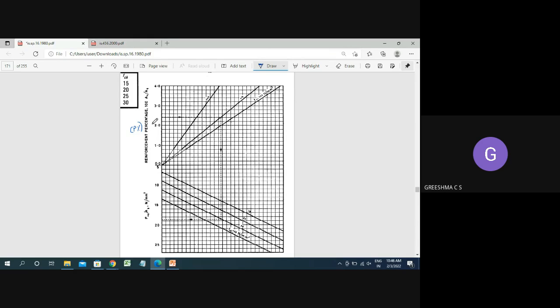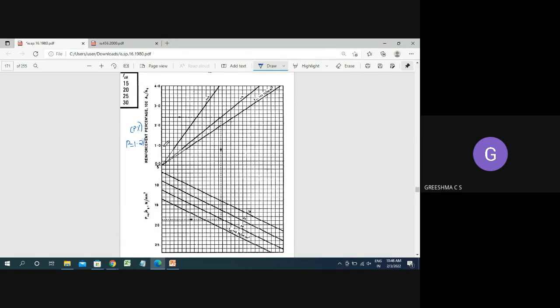So p we have assumed as 1.2 percent. So take 1.2 over here. How to use this chart, I will show you.